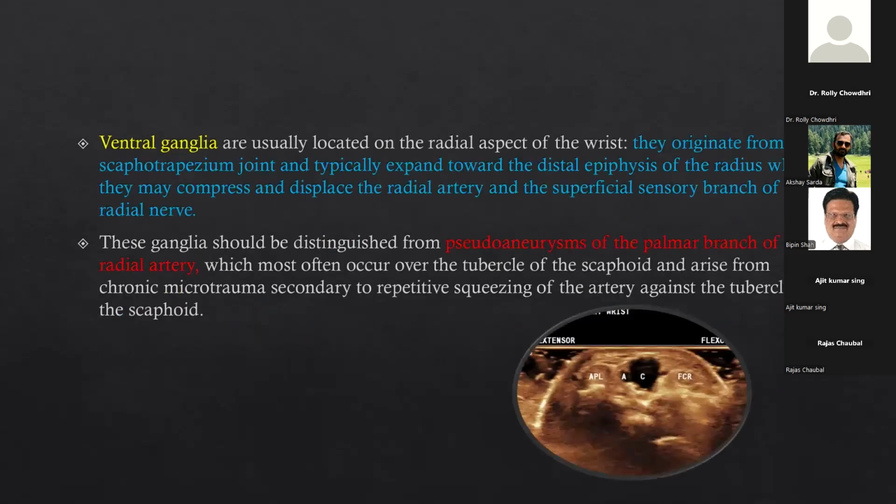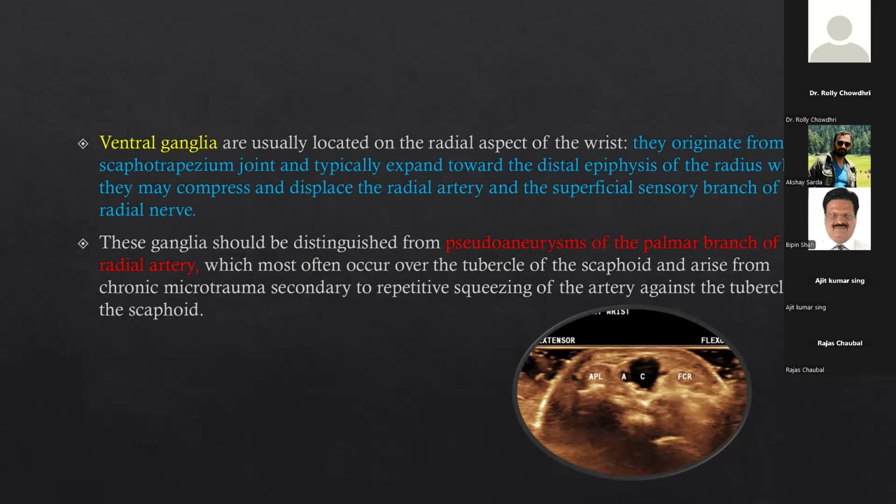Coming to the ventral ganglia, they are more on the radial side of the wrist, and they originate from the scaphotrapezium joint and extend towards the distal epiphysis of the radius, where they may compress or displace the radial artery and superficial branch of the radial nerve. So in radial-sided pain, the ganglia are usually from the scaphotrapezium joint, and they cause pain because of capsular distension, plus they may compress adjacent nerves.